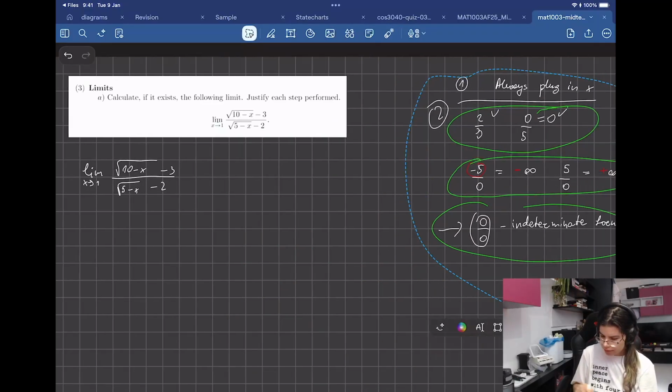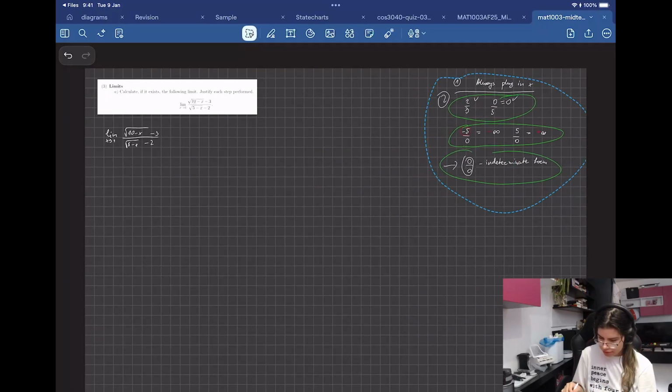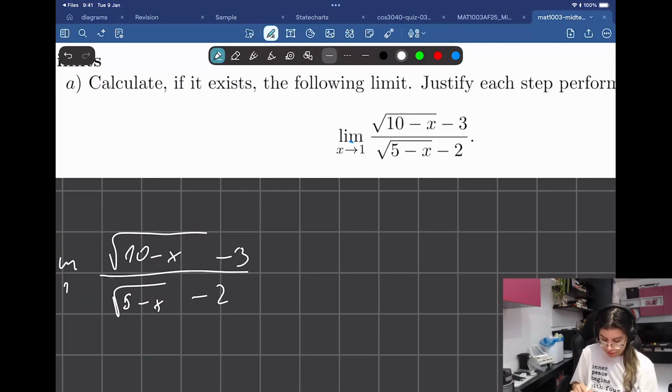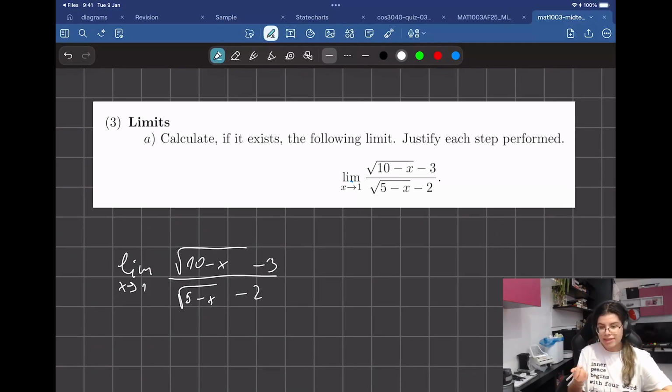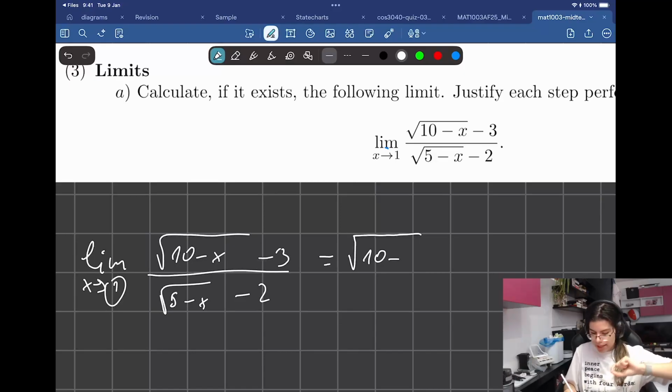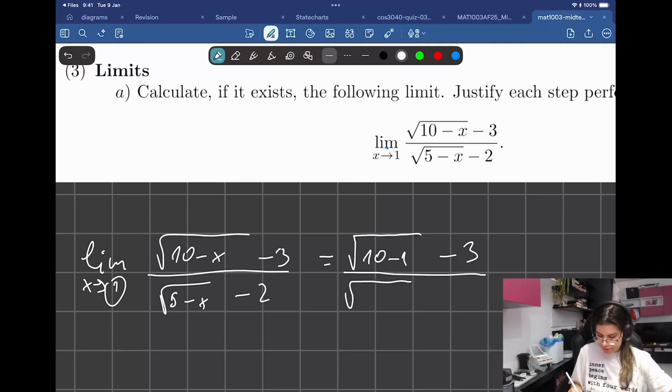This is probably going to bug us, so let me just move it to the end of the page like that. All right, so let's take a look at this first limit. So first step, just plug in the value for x in the expression and see what happens. In this case, I would have square root of 10 minus x. So x is 1, 10 minus 1, minus 3, over square root of 5 minus x.